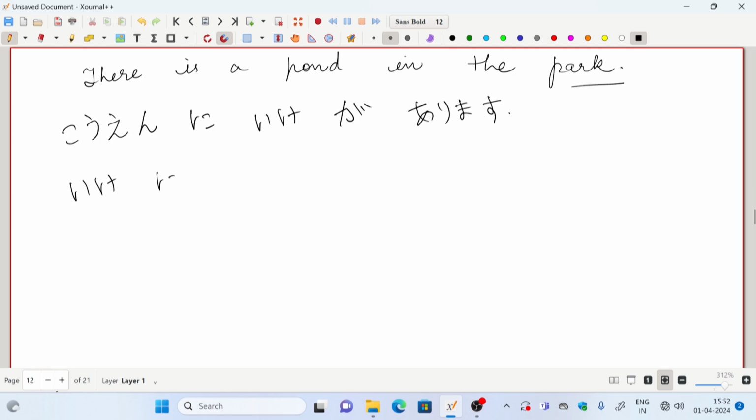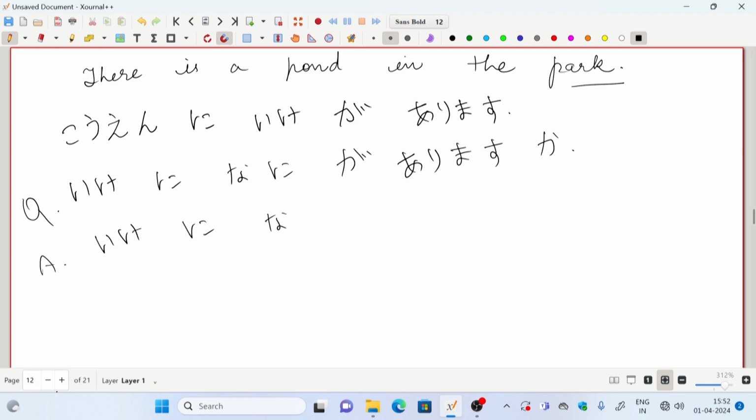Ike ni nani ga arimasu ka? If we put a question, what is there in the pond? Answer could be, there is nothing. Ike ni nani mo arimasen.